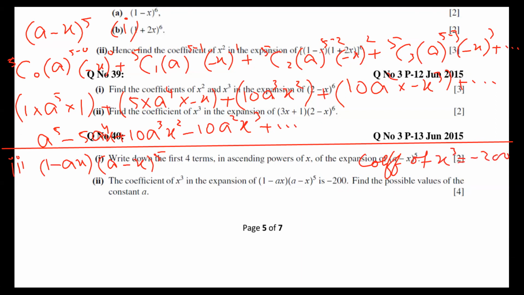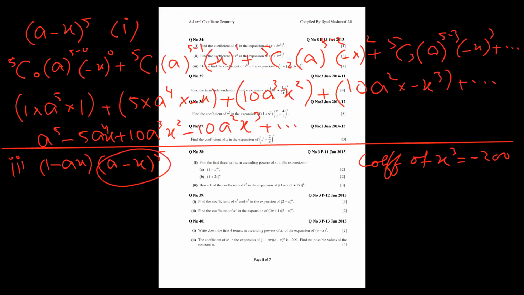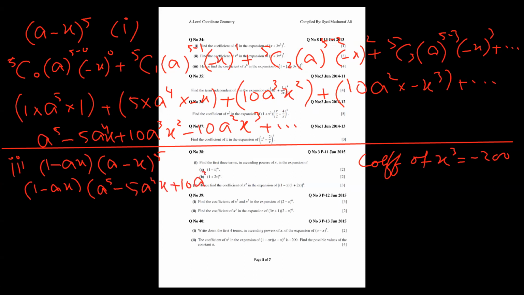Yes, it matches, so I can replace it. The full value, this answer, I will replace here: a to power 5 minus 5a to power 4 x plus 10a cubed x squared minus 10a squared x cubed, and dot, dot, dot.